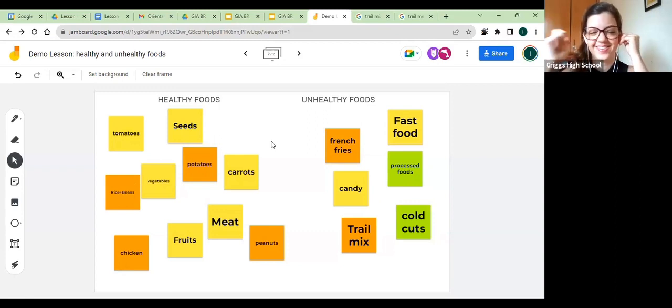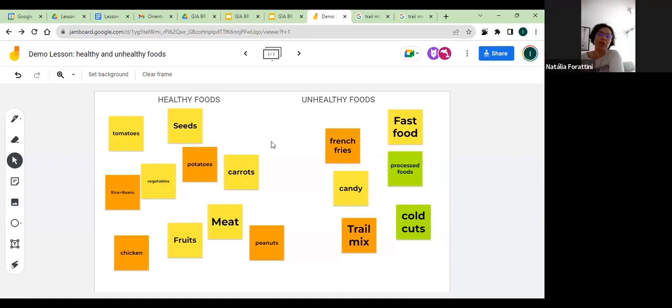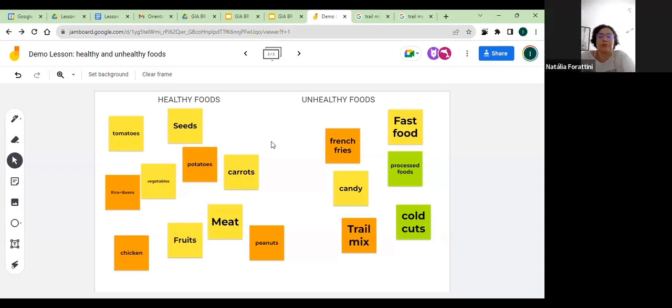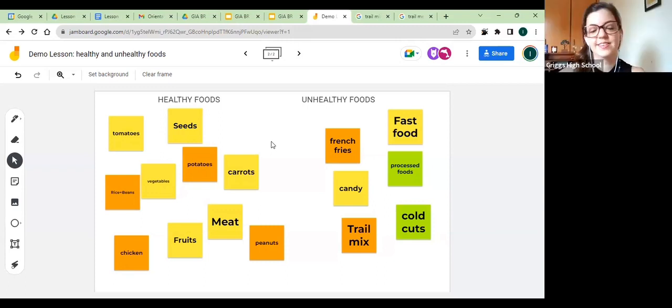Right in the middle. How about you, Natalia Foratini? I am super healthy. I only eat vegetables, fruits, and cereals. Are you vegetarian? I'm vegan. You're vegan? Yes. Nice. Interesting.